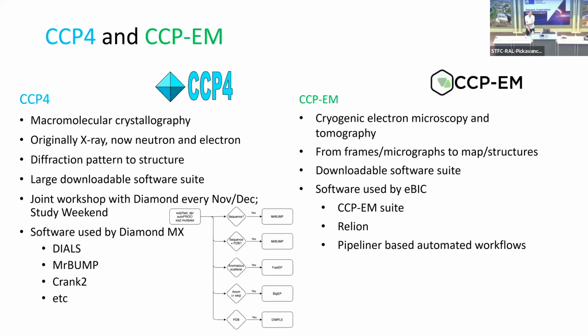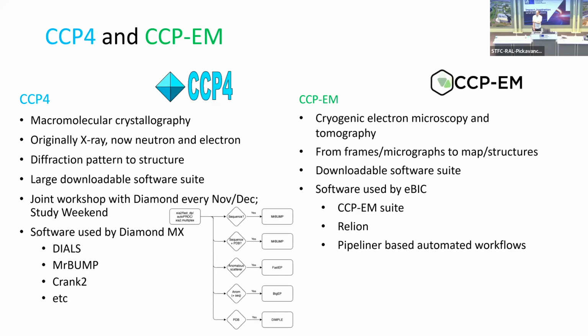That software suite starts from diffraction images and processes the data, solves the phase problem, and builds an atomic model, which can then be deposited in the Protein Data Bank. CCP4 now has a large software suite that has grown up over many years. This is downloadable to your home lab and has a variety of user interfaces.